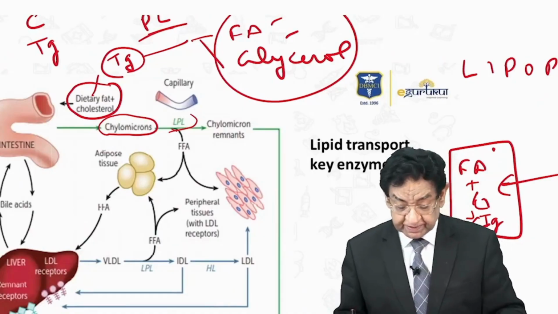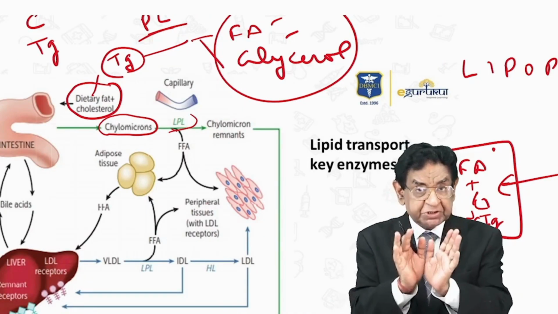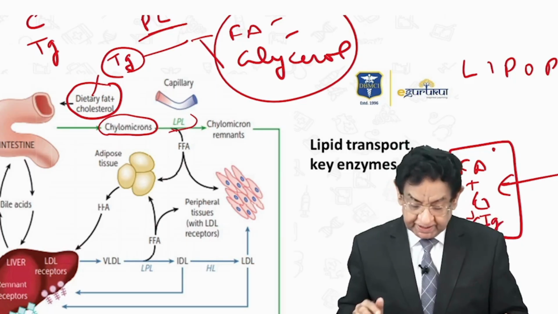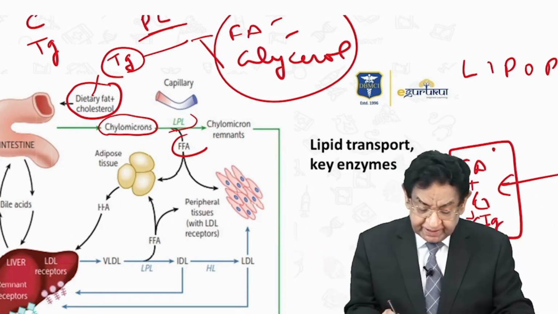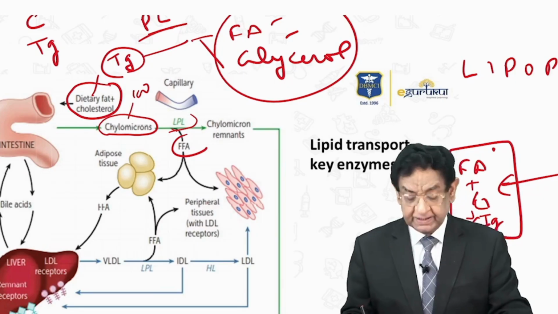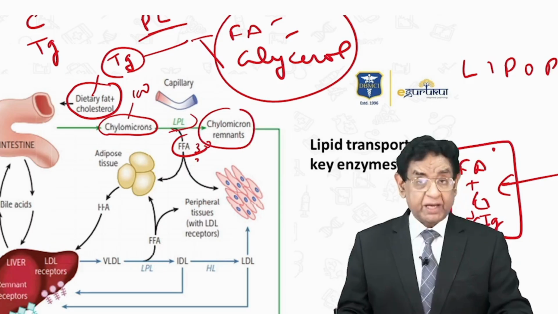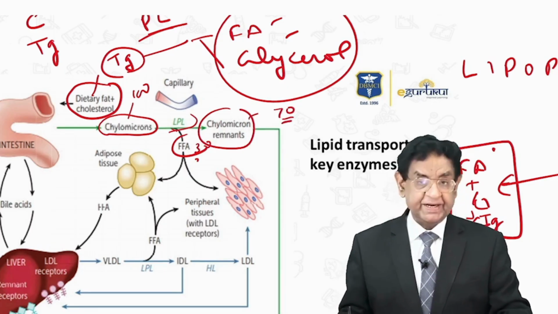This we learned. Now lipoprotein lipase breaks down some of the triglyceride into fatty acid. Same story. Suppose this has 100 molecules of triglyceride, and say 30 triglycerides are broken down into free fatty acid. Now whatever is left is chylomicron remnant. How many molecules of triglyceride does it contain? 70.